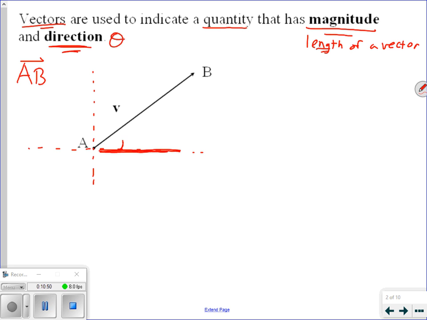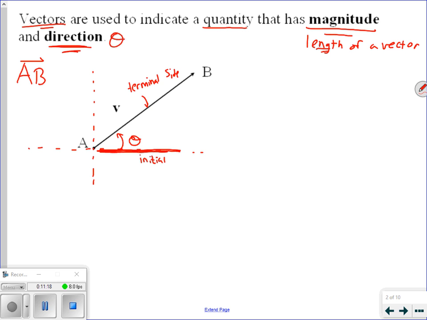So the angle formed from this vector starts with the initial side and ends on the vector side. So that angle right there would represent the direction. Again, this is my initial side, and we're going to end at what is called the terminal side, and that's my actual vector.